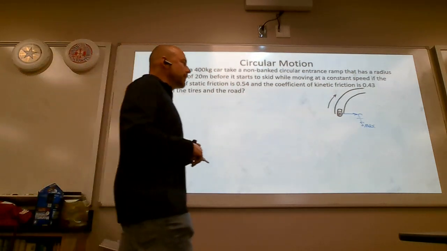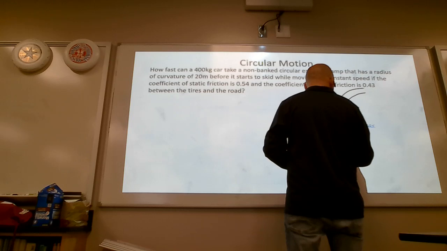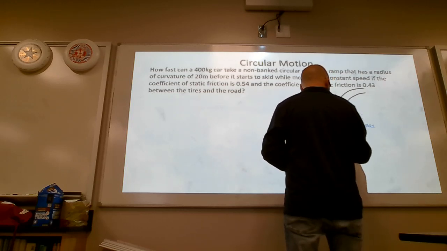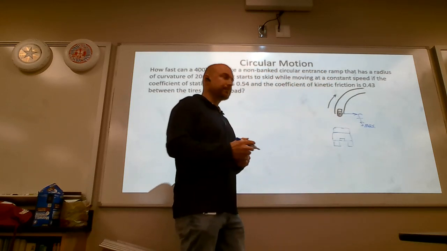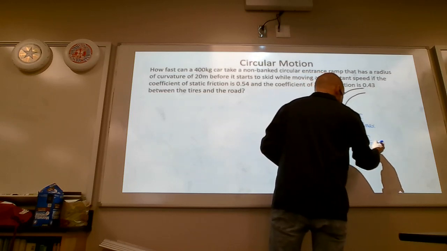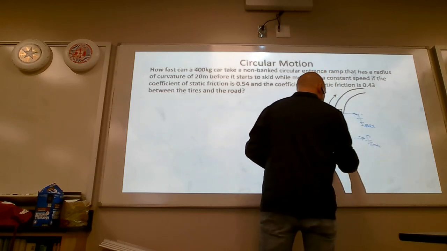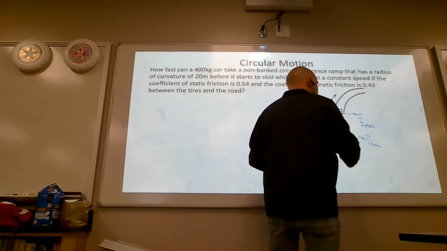Now, a more helpful free body diagram would be to draw the car as seen from the backside. So like here's the license plate. Here's friction. Gravity and normal force.